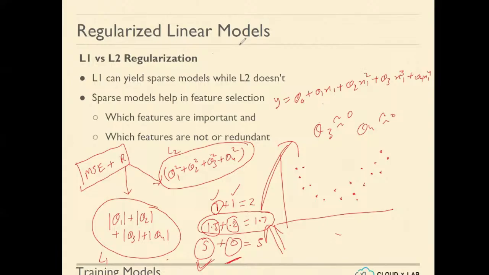Okay, thanks. Now sometimes what we can do is use a regularization constant. Let's say lambda. Lambda is a regularization constant, and using this lambda, we can trade off between the cost function and the regularization term, right? So here we are taking MSE as the cost function, C theta.